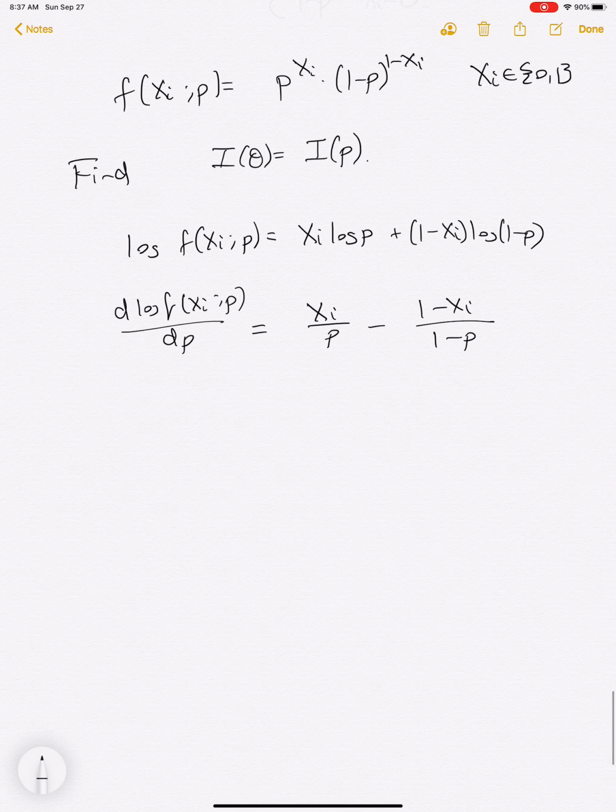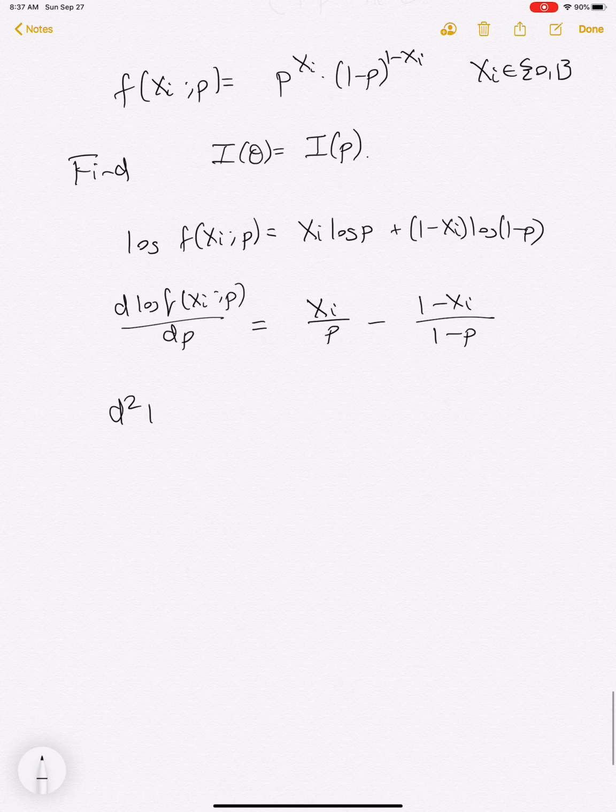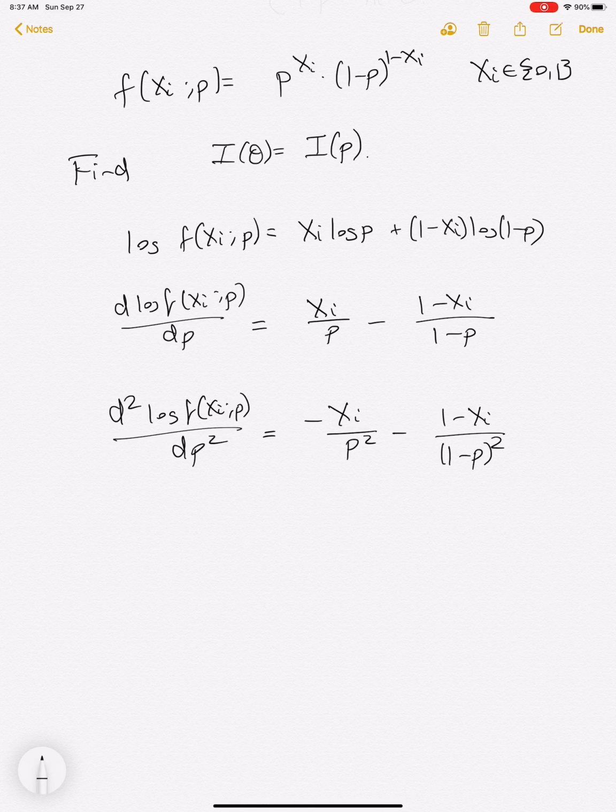When we take the double derivative, you're going to get negative xi over p squared, and then minus (1 minus xi) over (1 minus p) squared, because we have a negative inside, which becomes a positive, but then we raise to the negative one, so it goes back to being a negative.